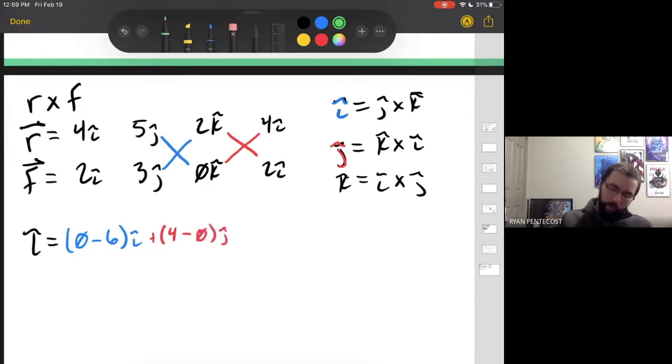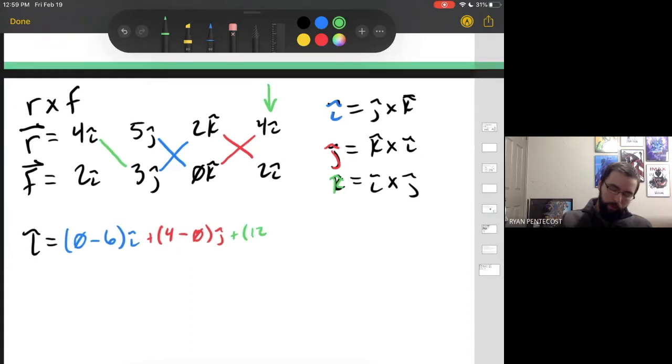And then for k, that's why I have this extra i here, because it makes the crossing a little bit easier. Now for k, you do i cross j, so 4 times 3 is 12. Then you subtract 5 times 2, which is 10.